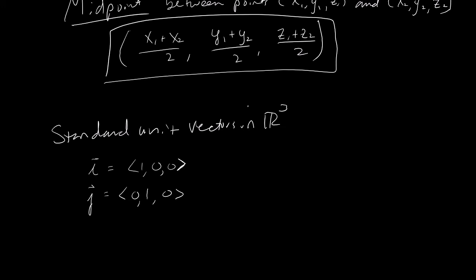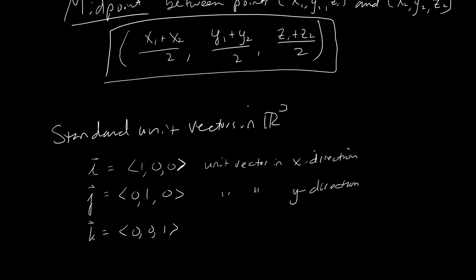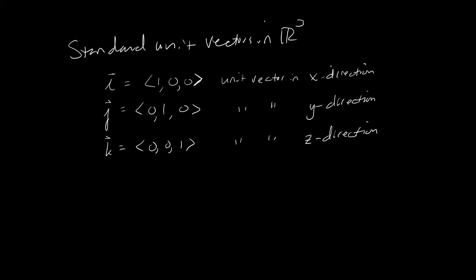And then the unit vector in the z direction is given by k, which is 0, 0, 1. All right, so this is going to be our unit vector in the x direction, unit vector in the y direction, unit vector in the z direction. Okay. Okay, so a little bit more on vectors in general.